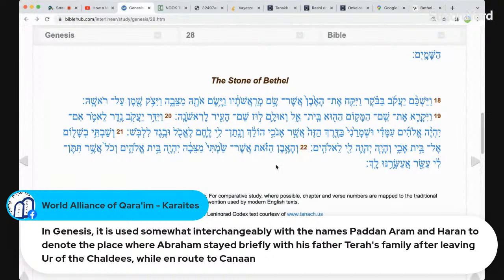Jacob takes one of the stones that he slept on and makes basically like an altar, a matzeva. This stone, asher samti matzeva, which I turned into a standing pillar, or a matzeva, Beit Elohim, will be the house of God. V'chol asher titen li, aser a'asrenu lach, and everything you give me, I will tithe.